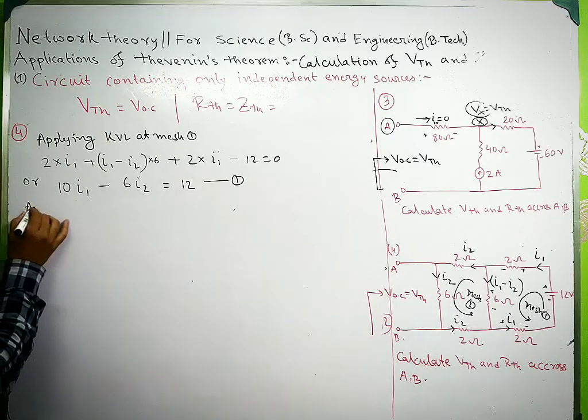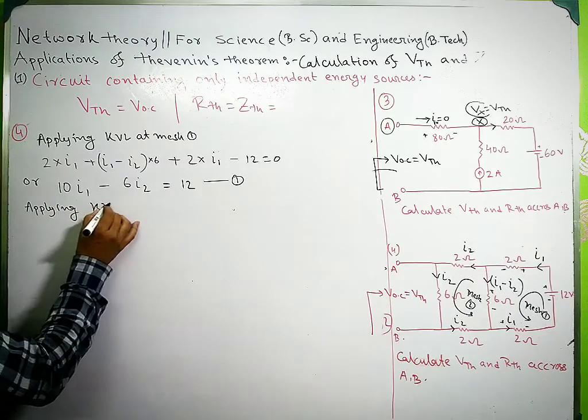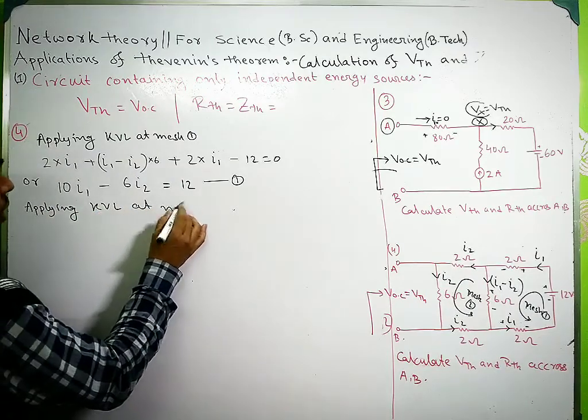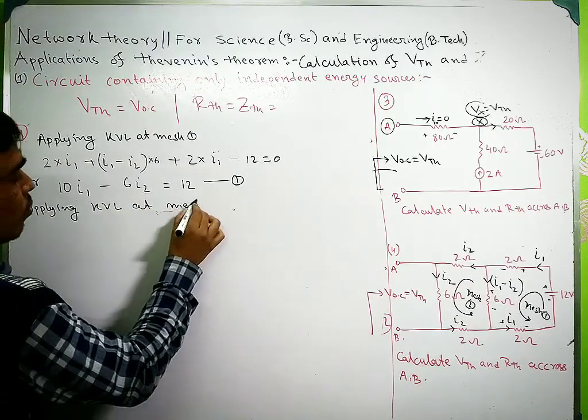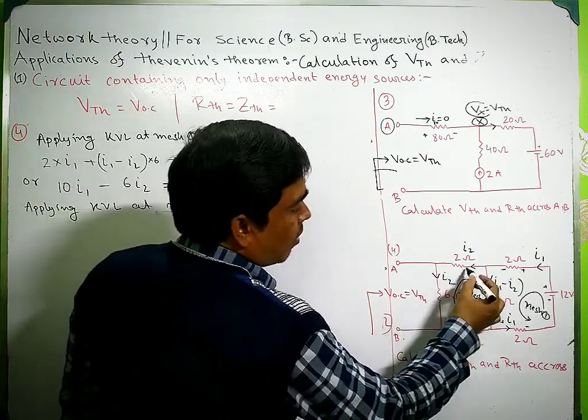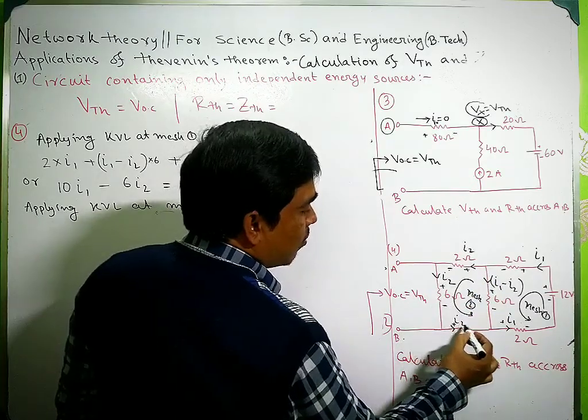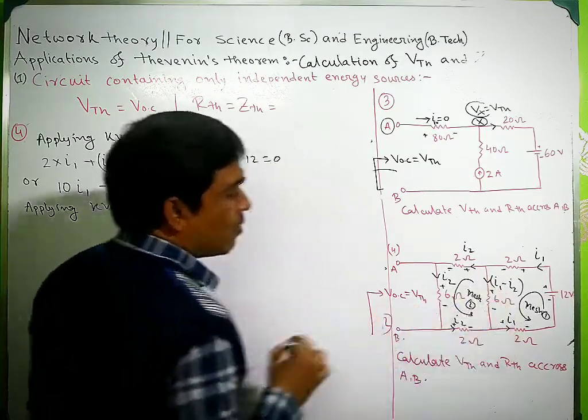Now similarly applying KVL at mesh number 2. This is mesh number 2. If I start from this point, plus minus, plus minus, minus plus.